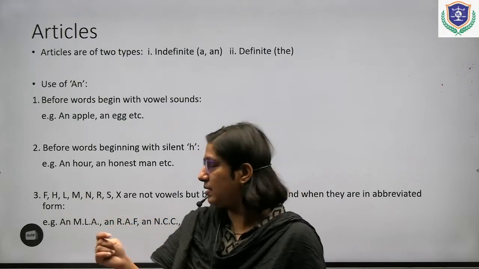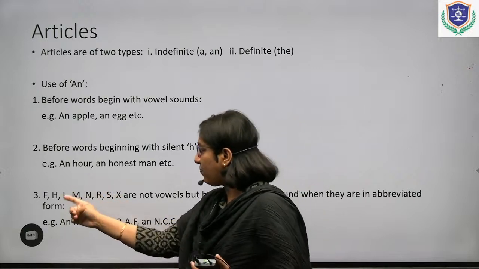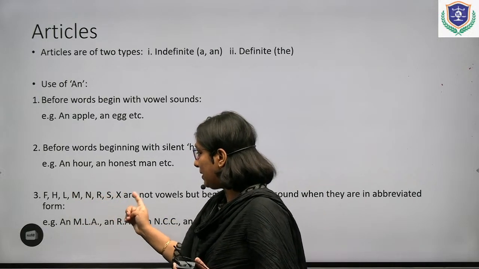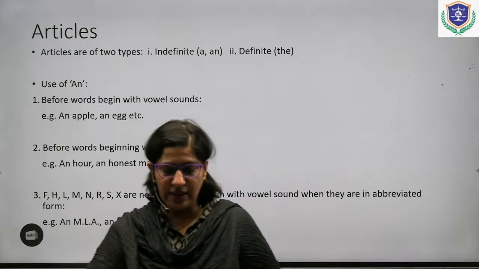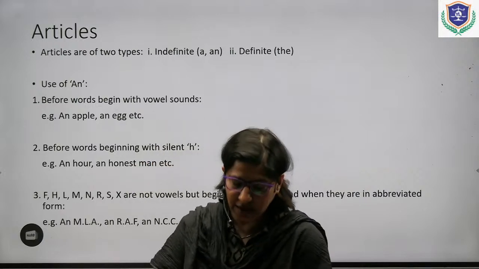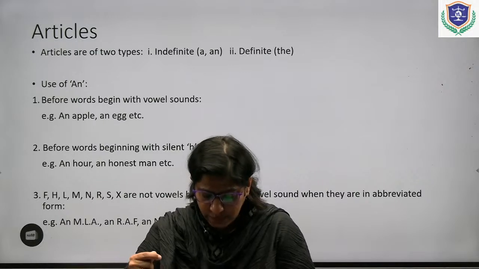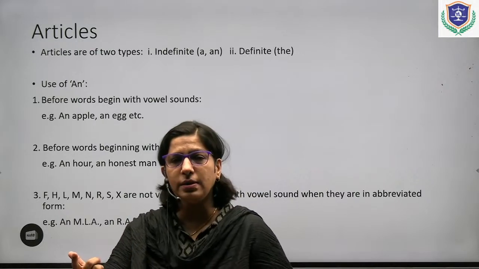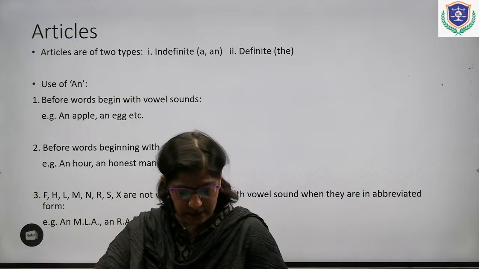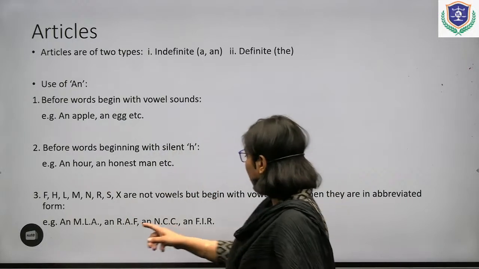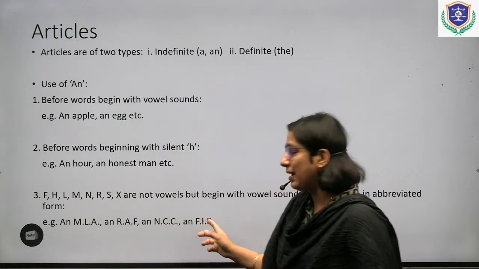Okay, so here there's a set of letters f, h, l, m, n, r, s and x, and though these are not vowels, when these letters are spoken, the sound of the vowel is there. Okay, so that is there, and RAF and NCC and FIR.